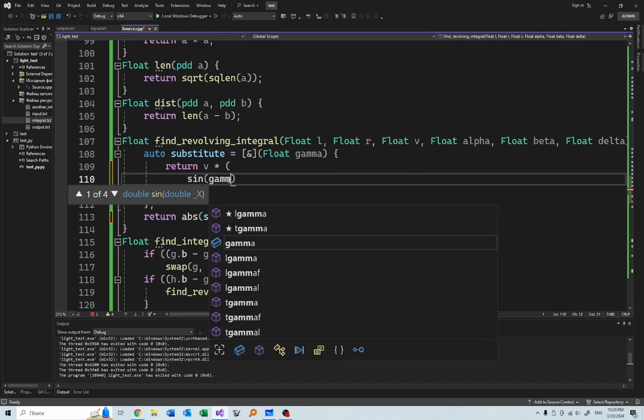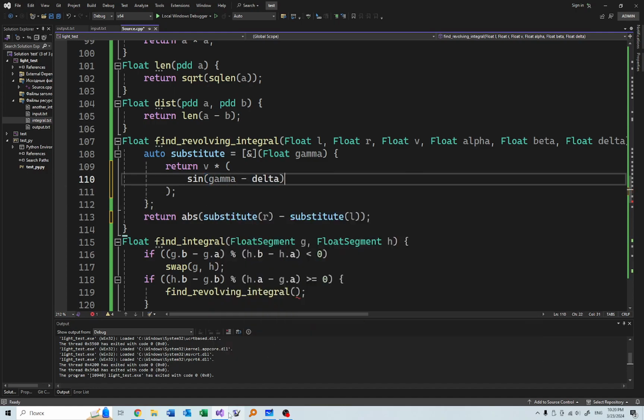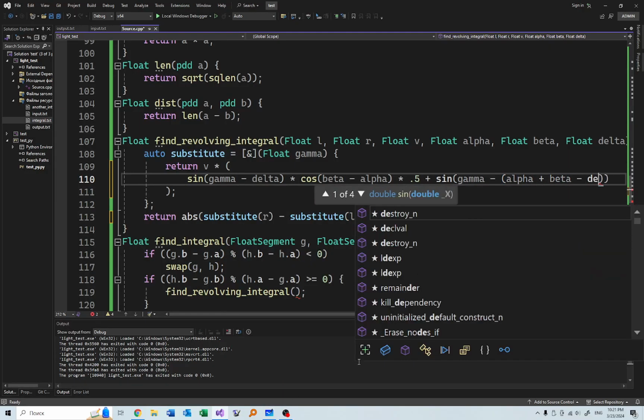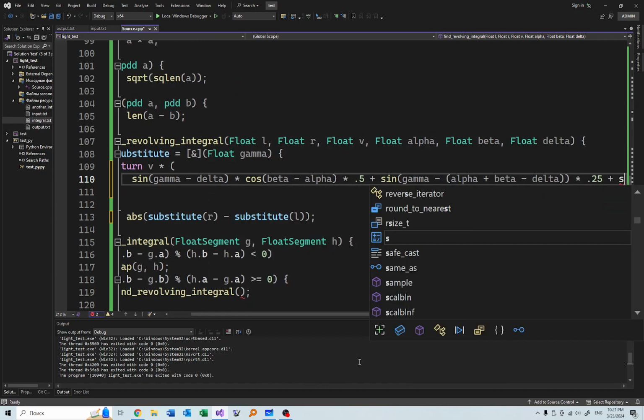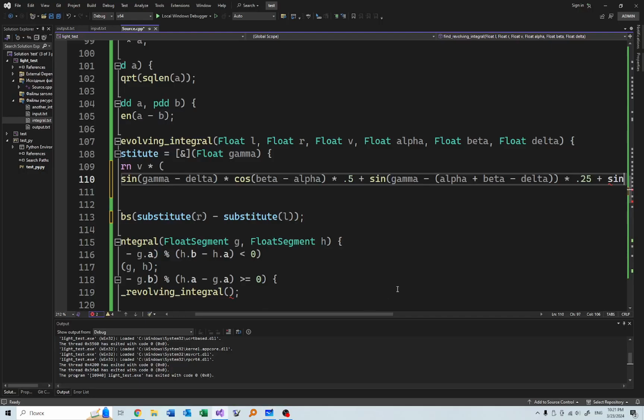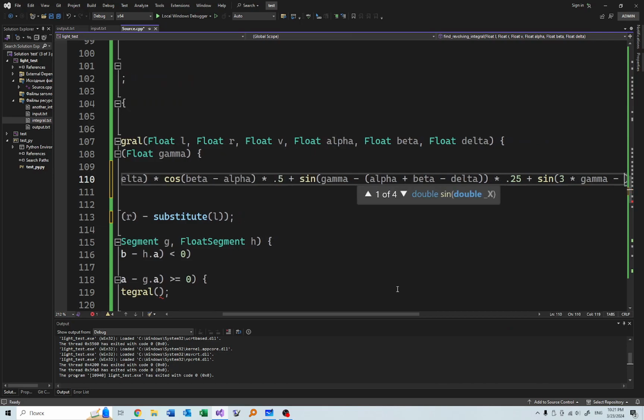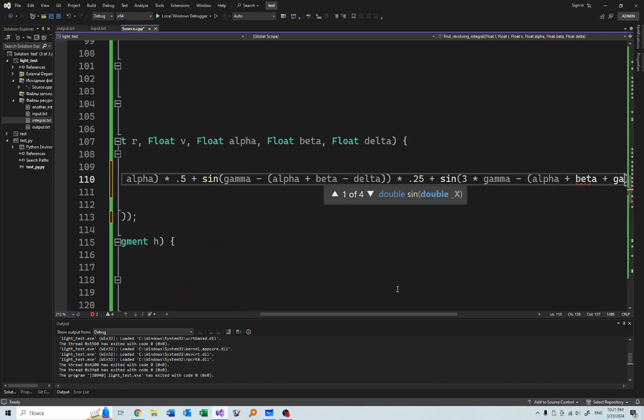Sine gamma minus delta times cosine beta minus alpha, plus sine gamma minus alpha plus beta minus delta, and sine 3 gamma minus alpha plus beta plus gamma.